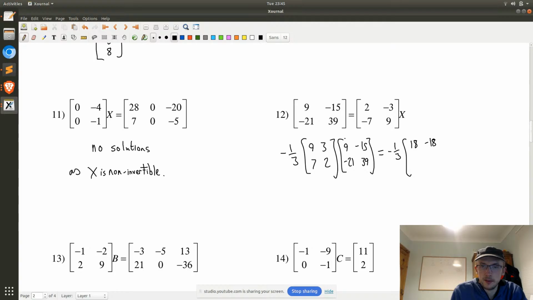Okay. 63 take 42, 21. Negative 105 plus 78 is negative 27.